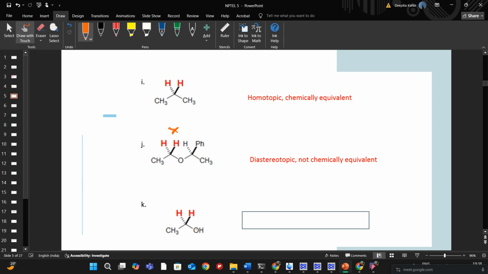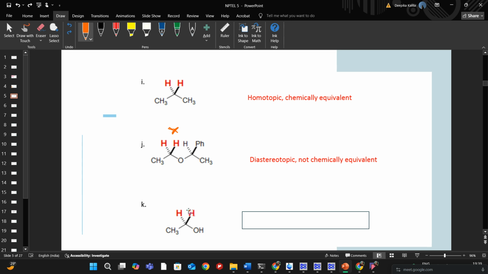And again, in this molecule, you can simply use the replacement method, or you can use the plane of symmetry method. If you imagine a plane which passes through these two substituents, that means these two substituents, the methyl and hydroxyl group, are contained by the plane, then these two protons will be mirror images of each other.